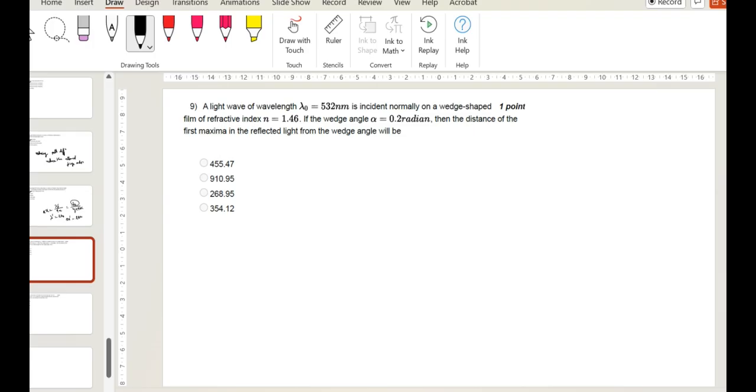The next question is: a light wave of wavelength lambda naught is incident normally on the wedge-shaped film of refractive index n. If the wedge angle is alpha, then the distance of the first maxima in the reflected light from the wedge edge will be? So the first maxima, for the reflected light with a pi phase change, occurs at m is equal to 0.